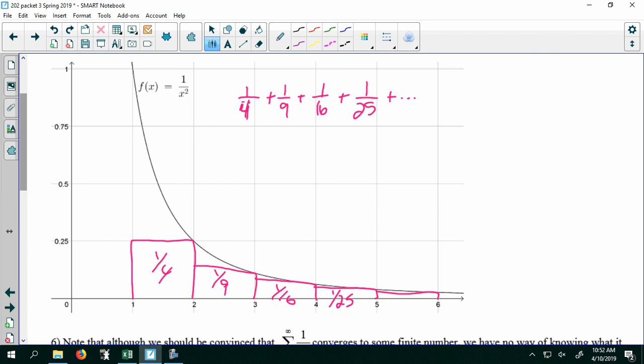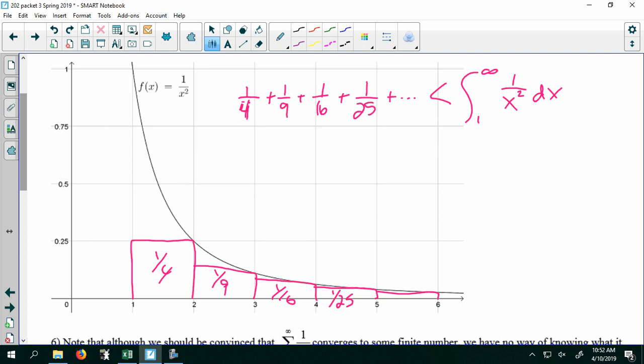Are those rectangles, when you add them all up, more than or less than the area under the curve from 1 to infinity? Less than. All those rectangles are below the curve. So this is less than the integral from 1 to infinity of 1 over x squared dx. And what do you know about the integral from 1 to infinity of 1 over x squared dx? It converges.